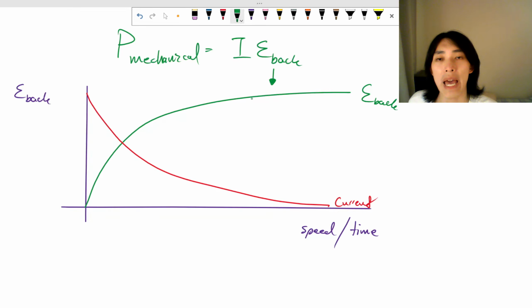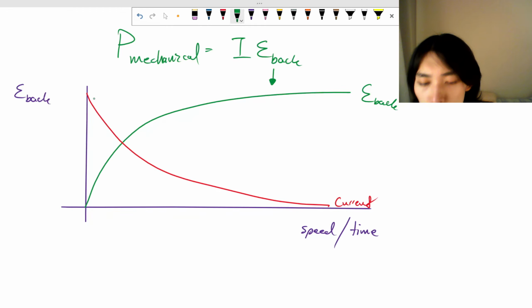So our back EMF initially is really low and our current is initially very high. And that makes sense because the motor is stalling and it's not moving. So we have no back EMF, so there's a lot of current running through. So it's like that initially. So initially the mechanical power would not be super high.